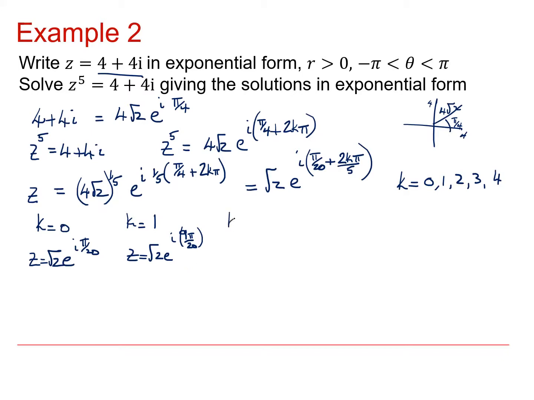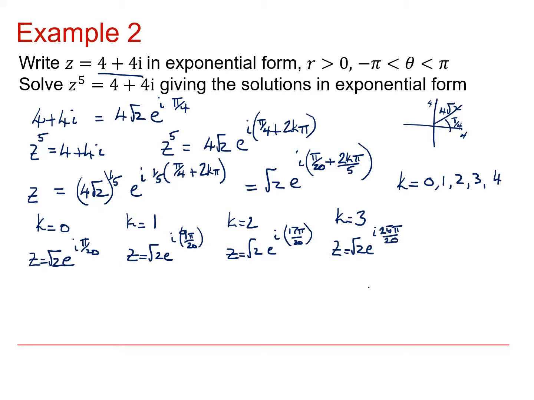And when k equals 2, again, it's going to be 8 pi by 20 further on, so z is going to be root 2 e to the i 17 pi by 20. When k equals 3, z is equal to root 2 e to the i 25 pi by 20.